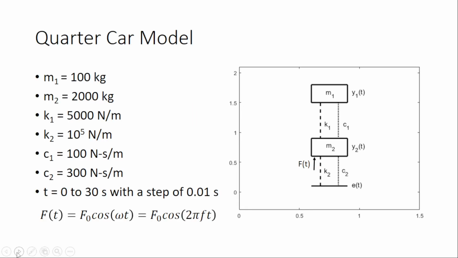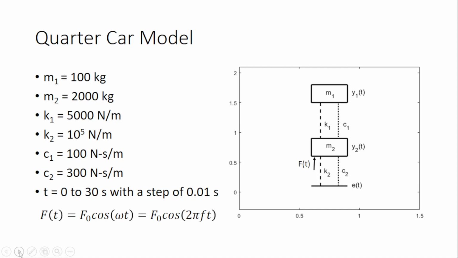So here I have tried to prepare an animation using MATLAB. Consider the same 2 degree of freedom system that we had considered in the previous class, like the quarter car model. Here we also included damping. The mass m1 is acting as the vibration absorber, whereas the m2 mass, let us say it is a machine, is heavier, weighing 2000 kg.